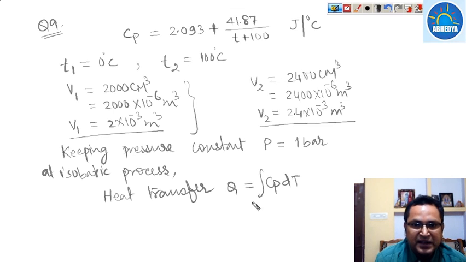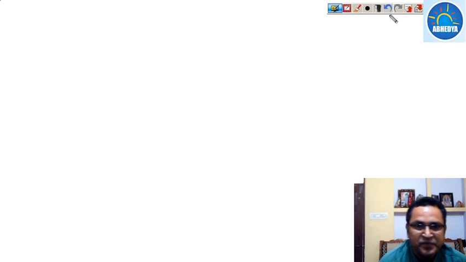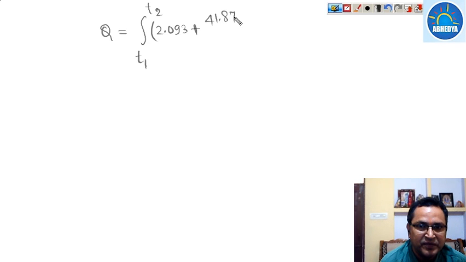The variation of Cp with respect to temperature has been given, so we can use Q equal to the integration from initial temperature T1 to final temperature T2 of Cp, that is 2.093 plus 41.87 upon T plus 100, dT.